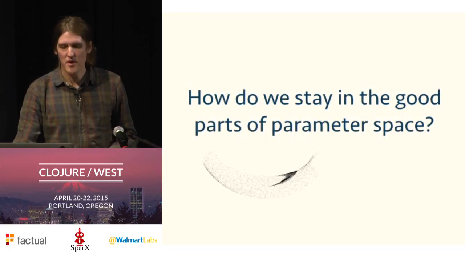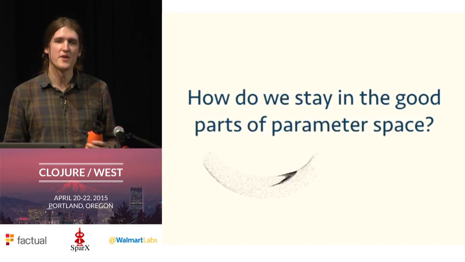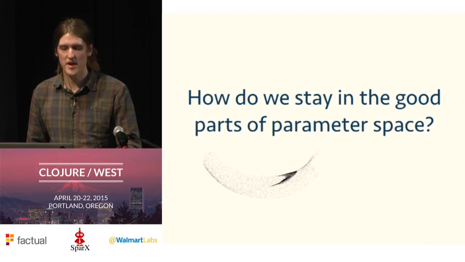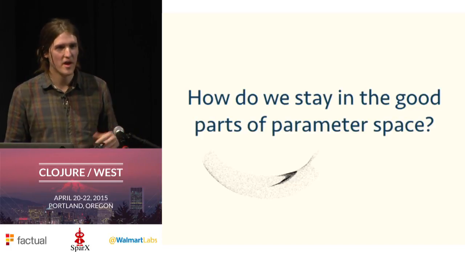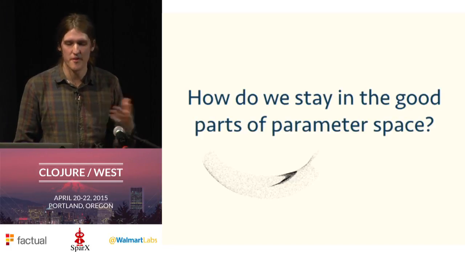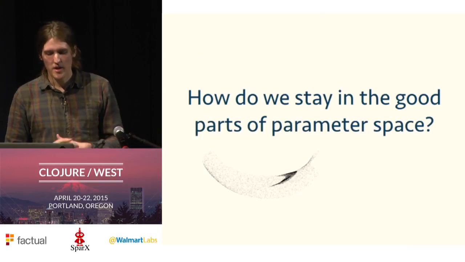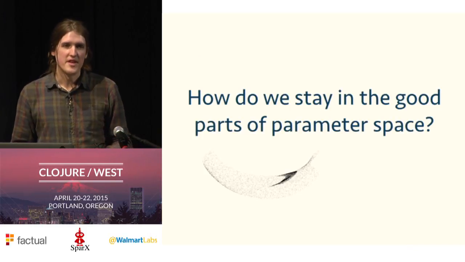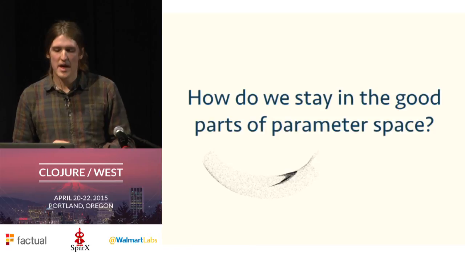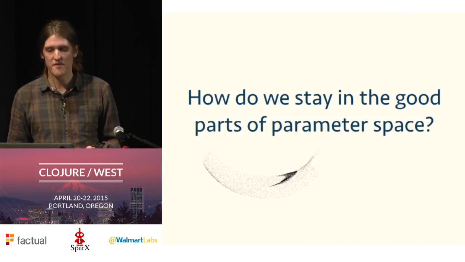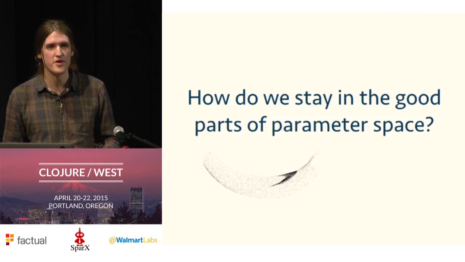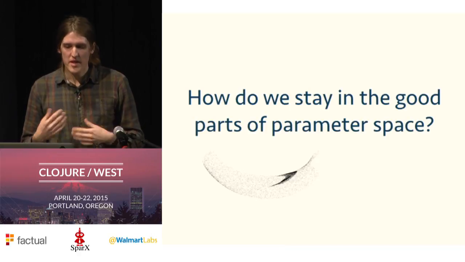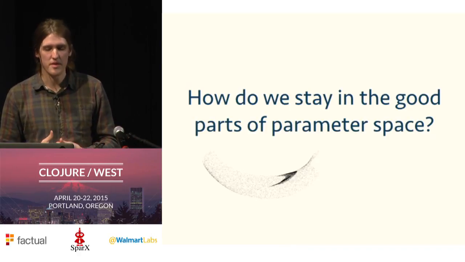So now we have this problem: how do we find the good portions of parameter space, and how do we stay in them and avoid these boring portions where it's not very interesting to look at? Well, for reasons I won't go into depth about here, some mathematical characteristics of the de Jong IFS make this a little hard to do. It defeats a lot of simple heuristics that you could come up with.